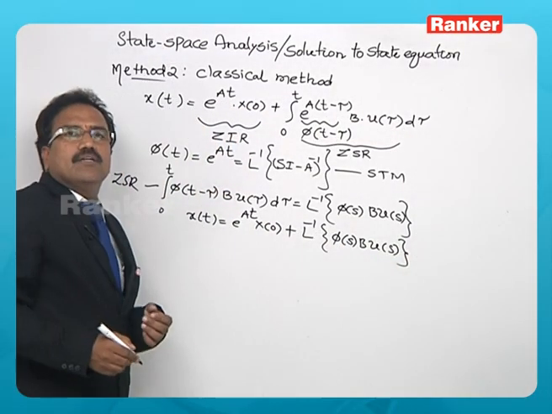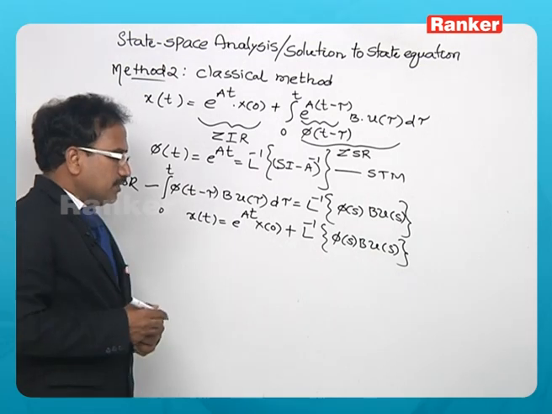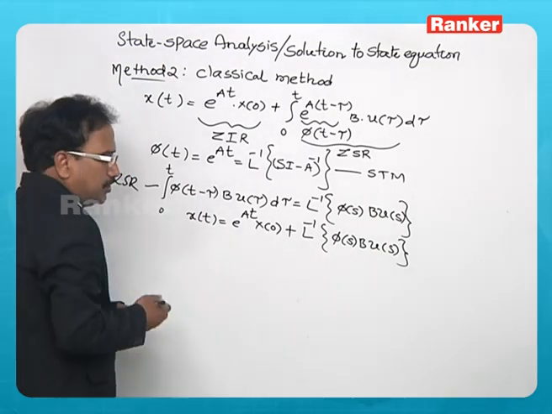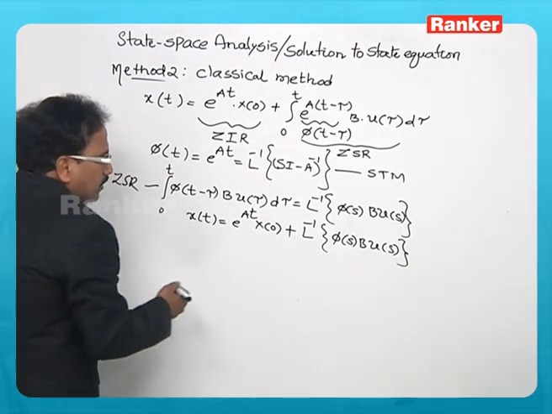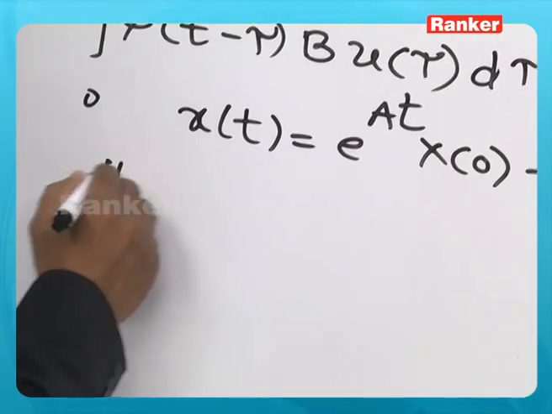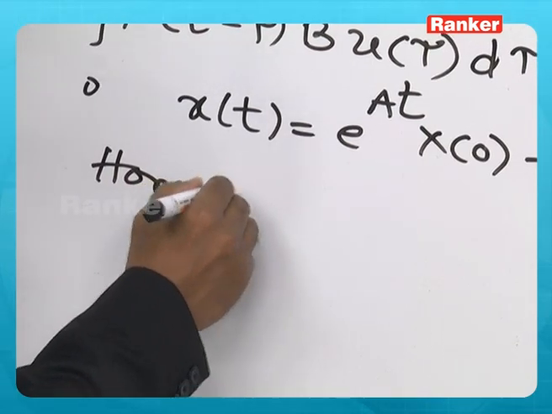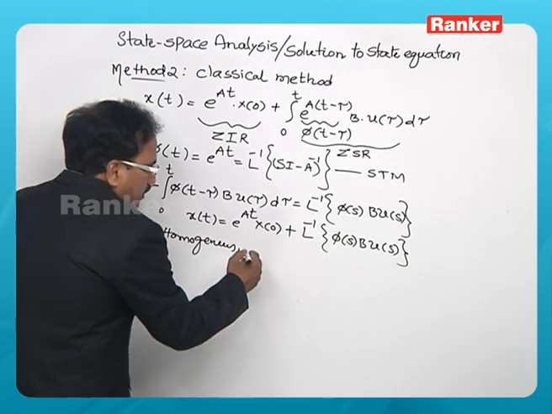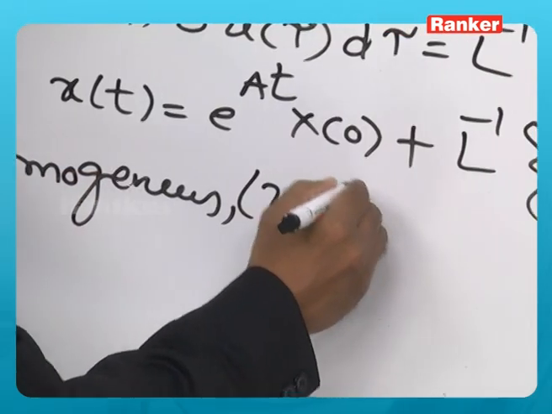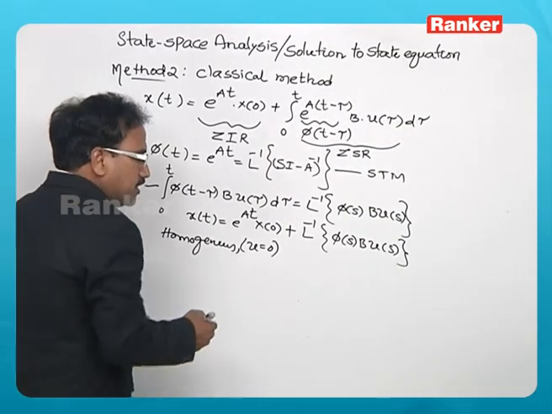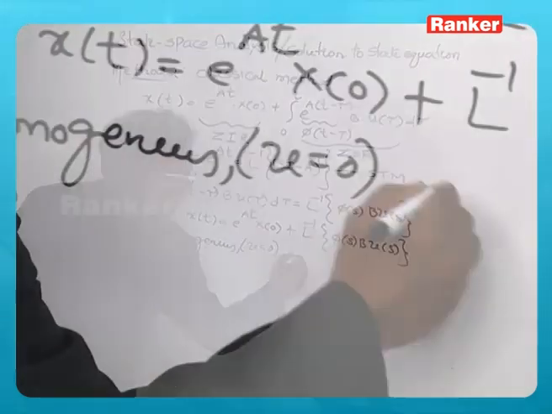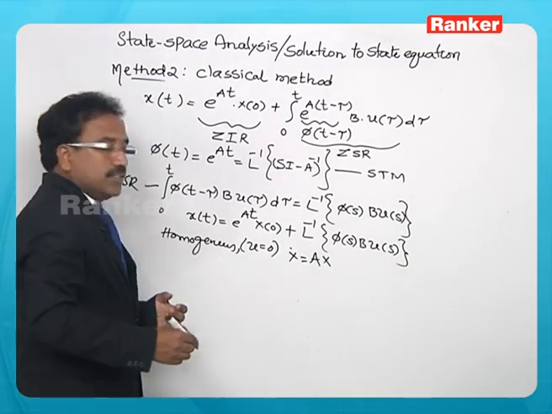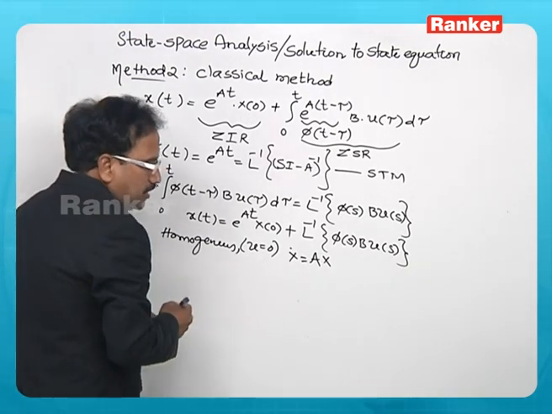This is the total solution, or total time response, and the first part is known as the zero initial response. If the system is homogeneous, that means the input is 0 for the homogeneous equation, then the state equation x dot will have only the first part, A into x.